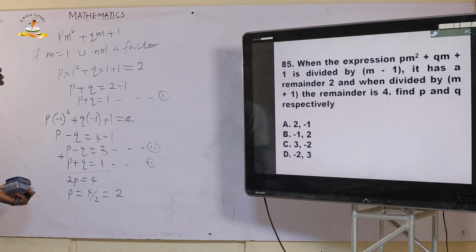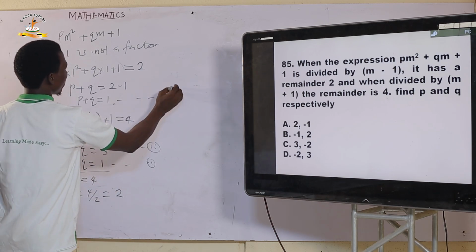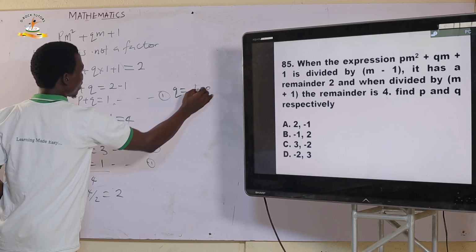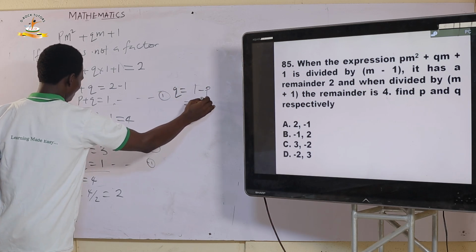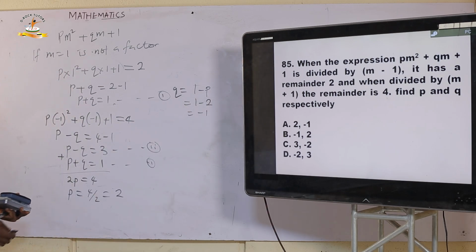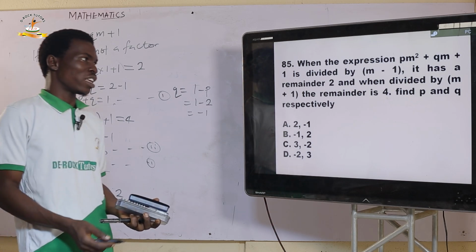However, to get q, we can use any of the equations. So let me use equation 1. Q equals 1 minus p, and that's going to be 1 minus 2, which is minus 1. So my result is going to be 2 comma minus 1, which is A.